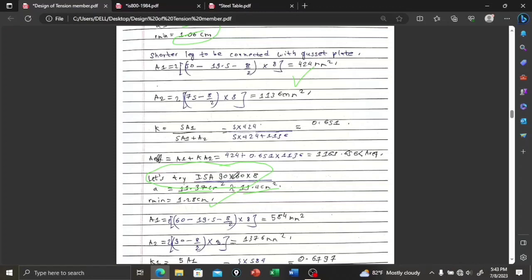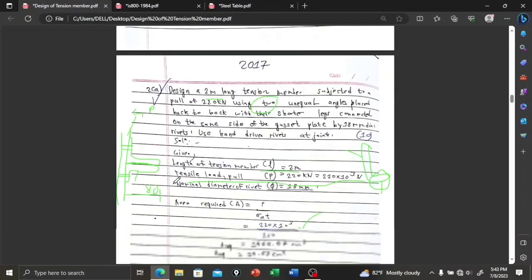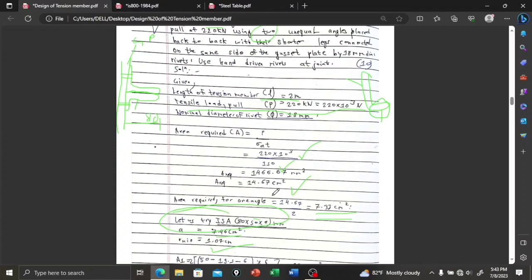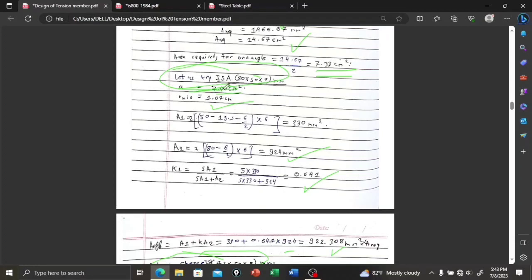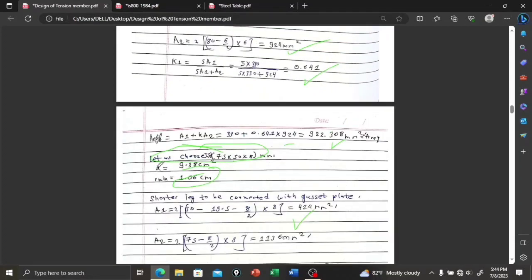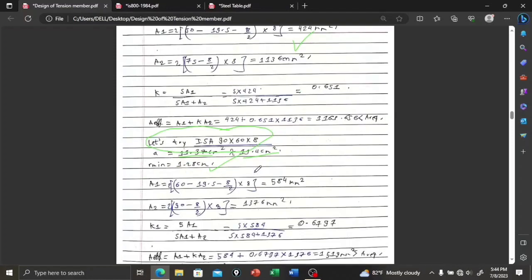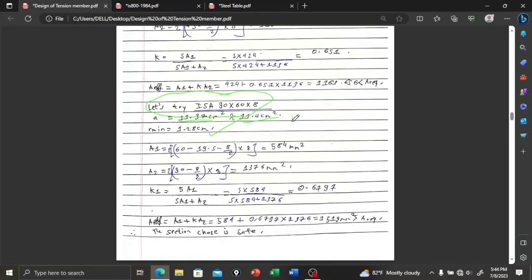So in exam, if you don't have more time, then you can directly choose this value, because A required was around 7.33, so we can increase directly to 30%. 7.33 into 1.3 is 9.5, so it is less than 9.5, so we skip this, and it is also less than 9.5, so we skip this, and it is greater than 9.5, that is the area is 30% more than this area required.